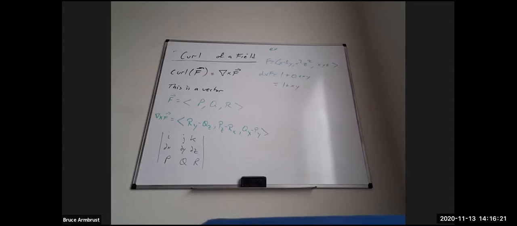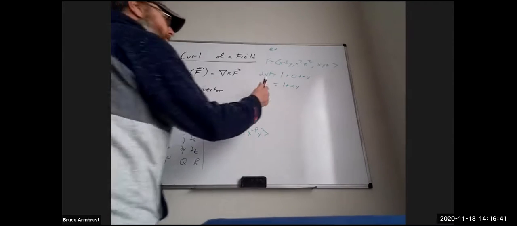All right, so we're still going to take all of those differentials. This time, though, instead of adding them up, we're going to go ahead and create this vector and see what it gives us. All right, so here's your curl.